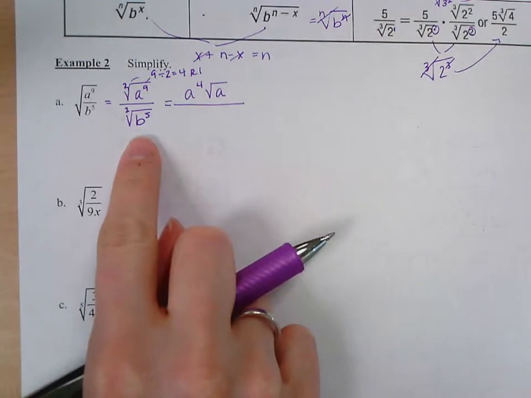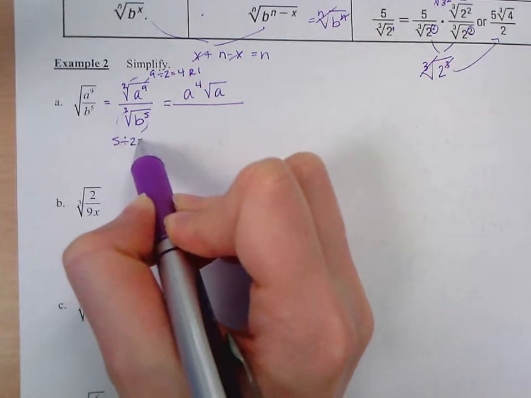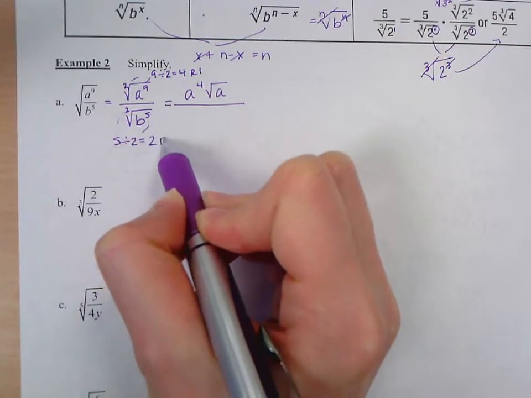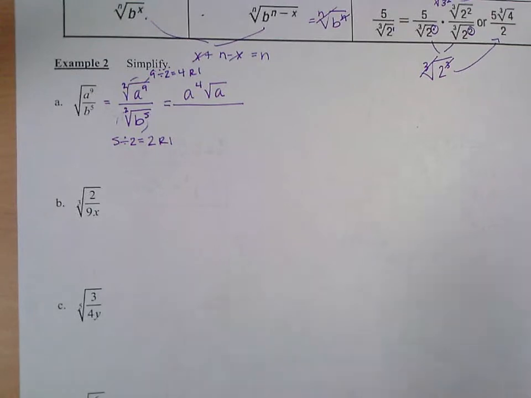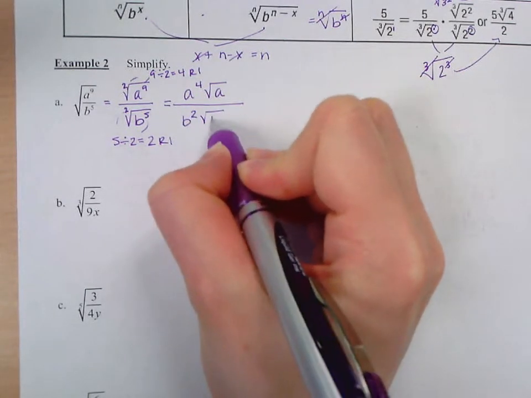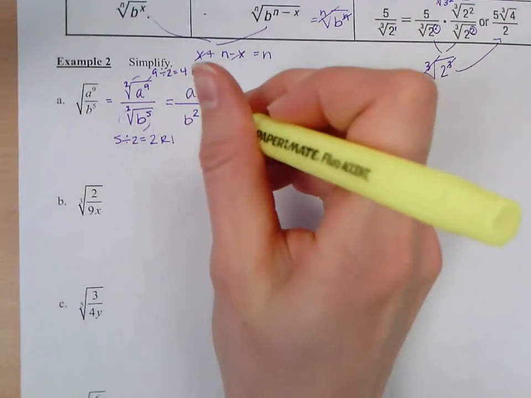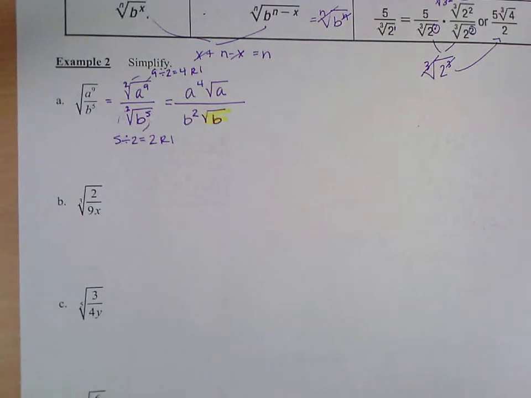And then on the bottom, if I divide the 5 by 2, 2 goes into 5 twice with a remainder of 1. So I would have b squared, and then I'd still have a square root of b. So then the problem is having that square root of b in the denominator. That's the issue. That is what's making this not simplified right now.